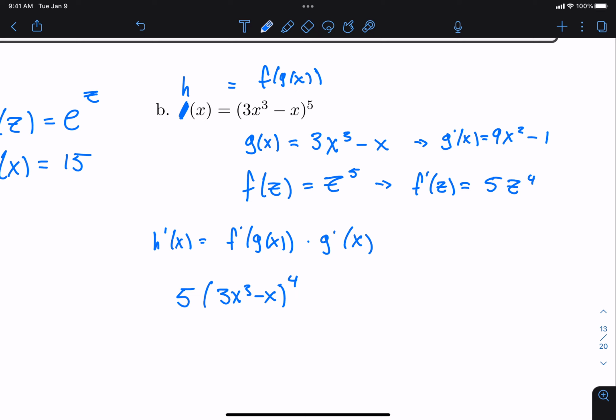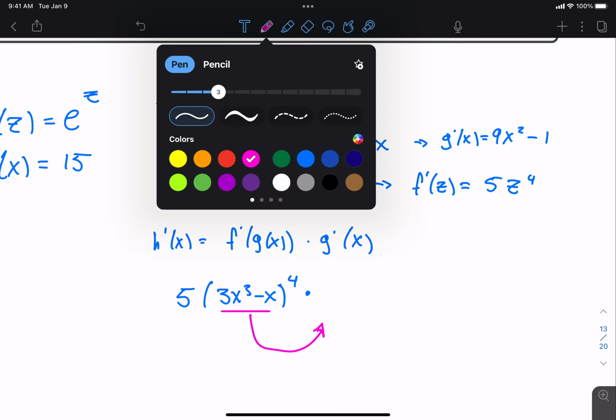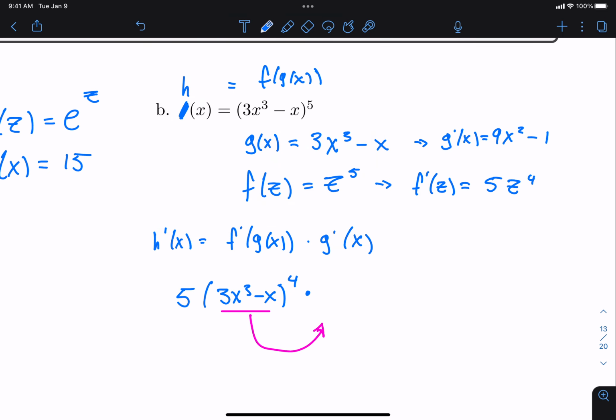And now there's just one thing left to do, which is multiply, or if you want, you can visualize this as chaining out the derivative of 3x cubed minus x, which is 9x squared minus 1, but I'm always going to plug in with parentheses. I should use parentheses so that I'm multiplying by all of g prime of x, not just the first part of it.